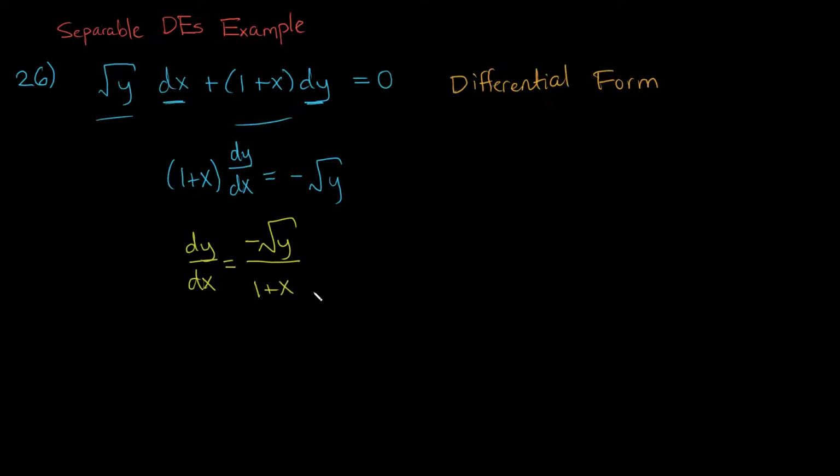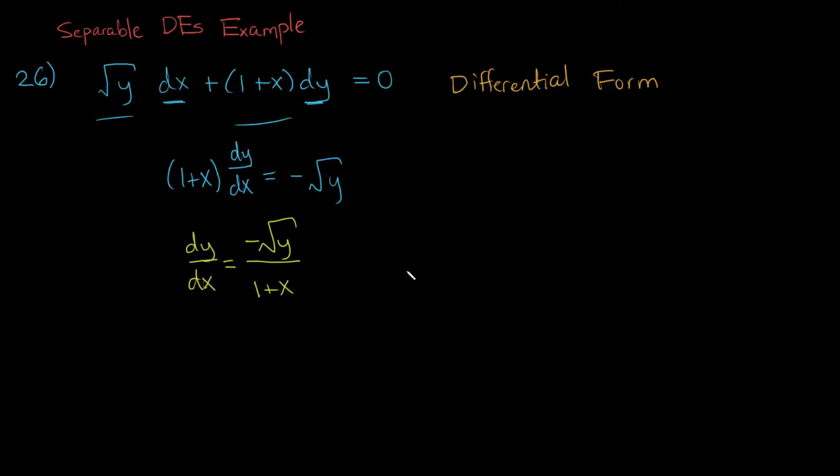And now this is clearly a separable differential equation, because on the bottom here we have a function of x, and on the top we have a function of y. And you might say, oh, this is division, not multiplication. But it's important to remember that division is the same as multiplying by 1 divided by your function. So we know for sure that we do have a separable differential equation.